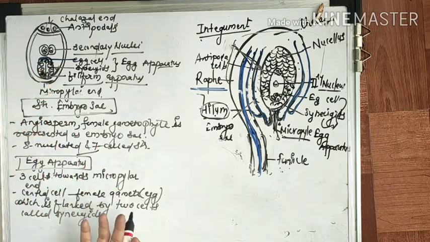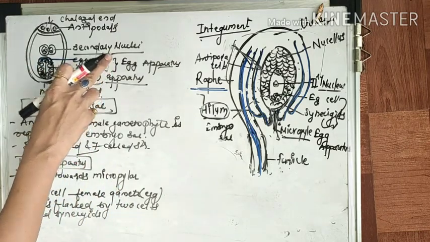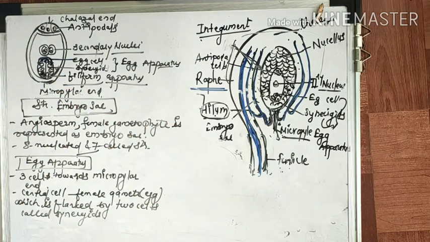Once they fertilize, it means the egg cell fuses with the male gametophyte, that is called the microspore. Then what will happen, we will see. After fertilization, the egg gives rise to a diploid cycle. Here is the egg, here is the microspore.